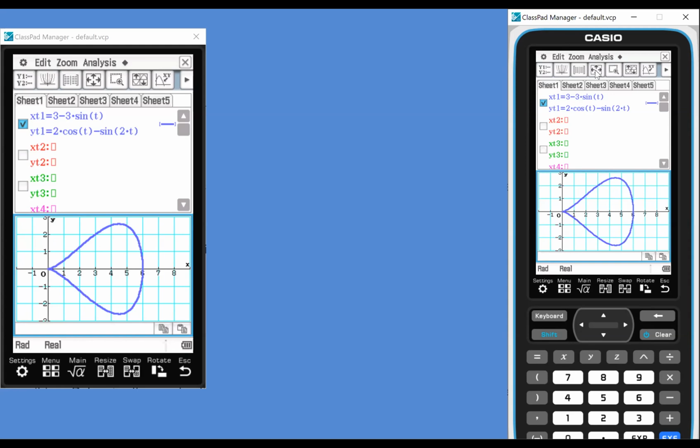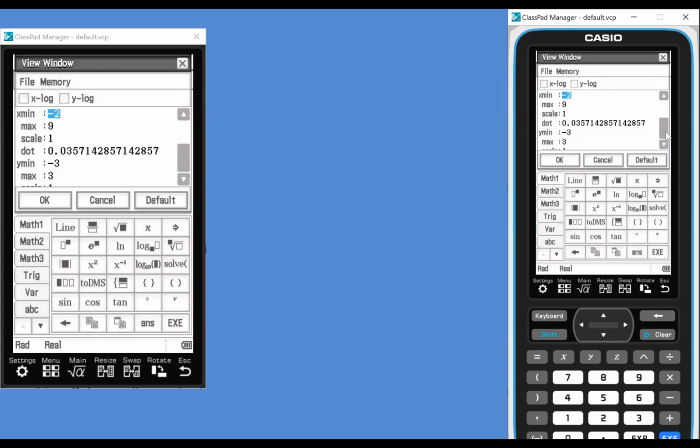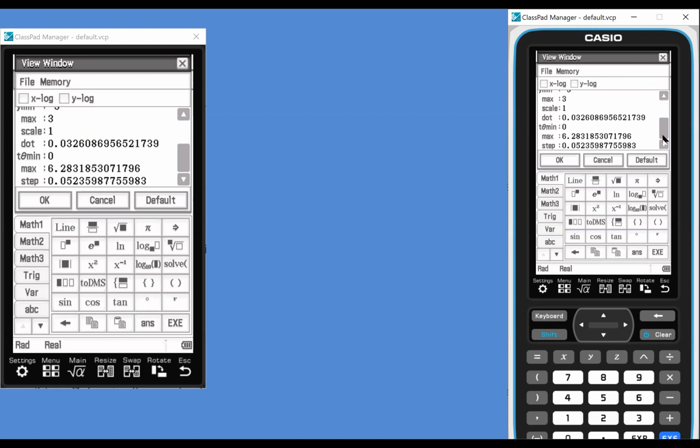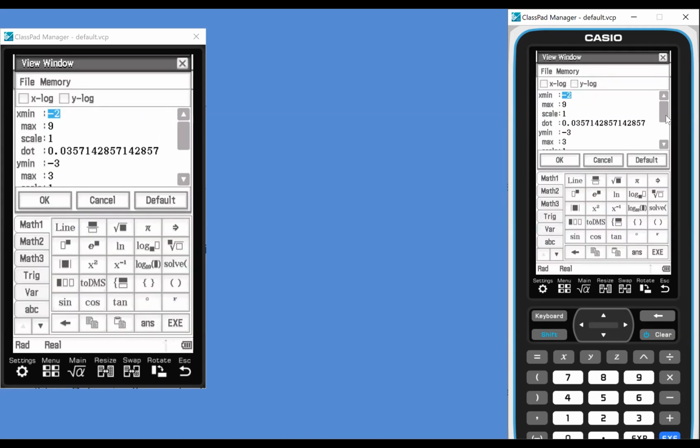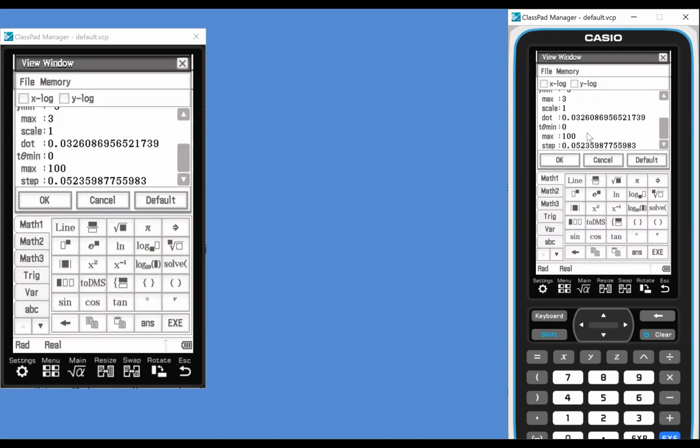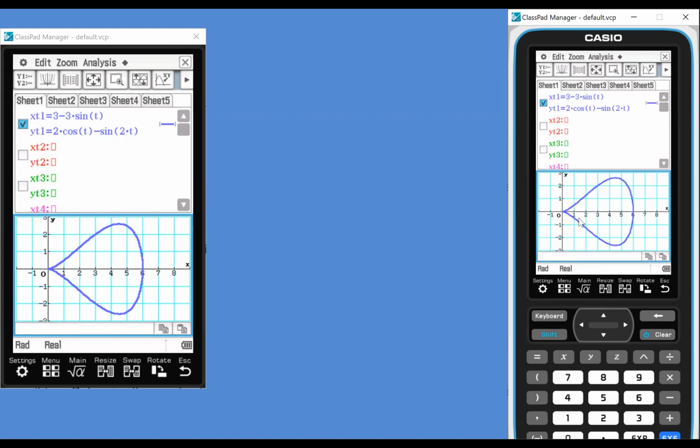I wonder if we can do it more slowly. Not sure if we really can, maybe if I make it go longer. All right, so it's hard to see there, but anyway, you've got the gist of it.